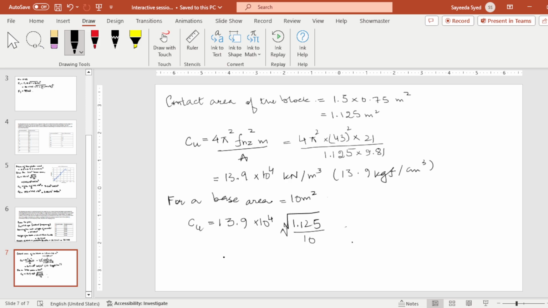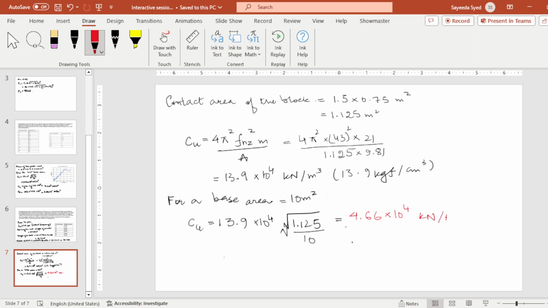This comes out to be, let me write in red, 4.66 into 10 to power 4 kilonewton per meter cube.